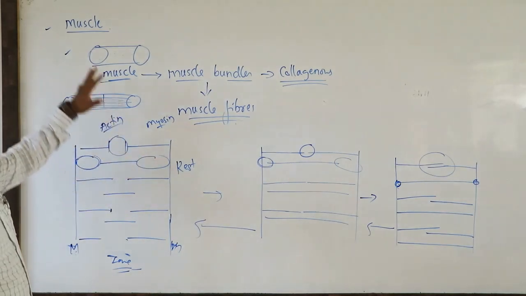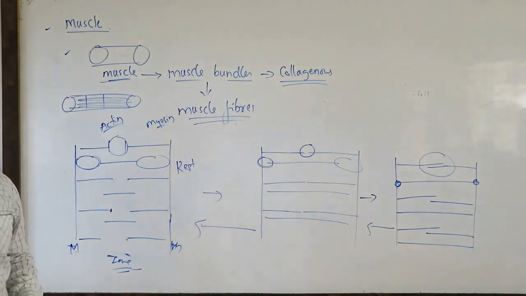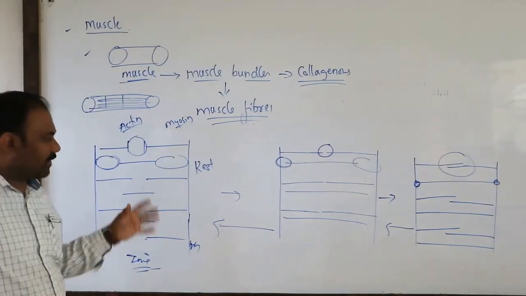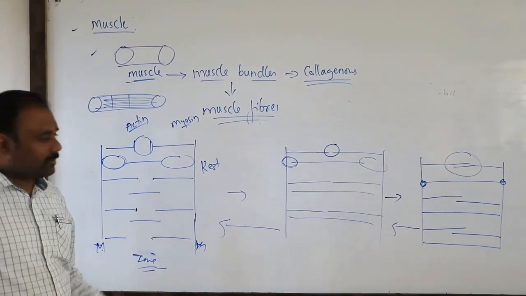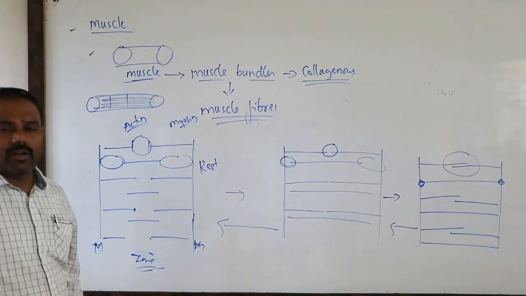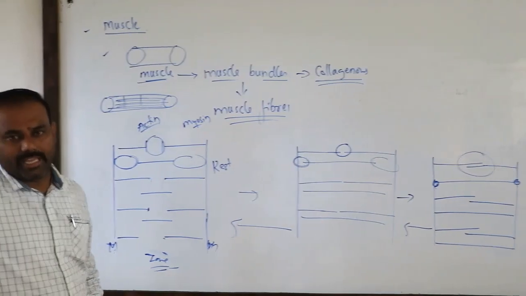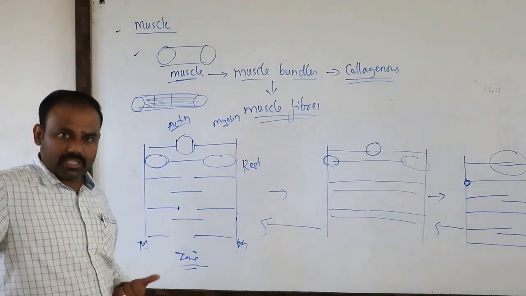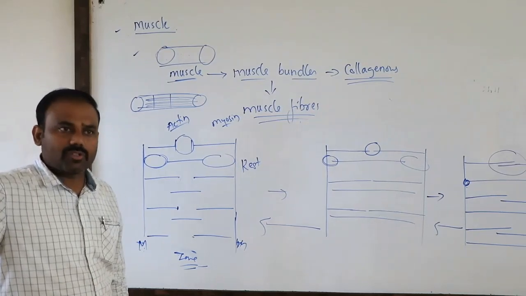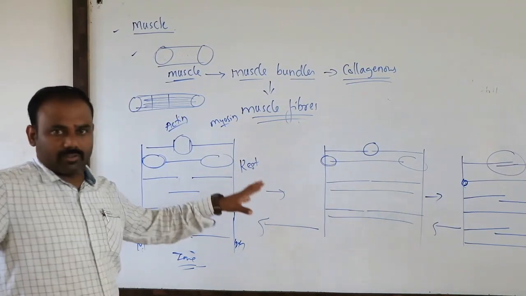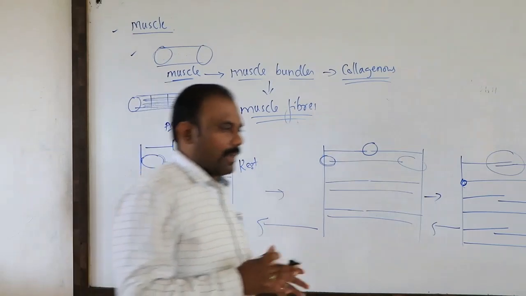So this is the arrangement of muscles within the body. Based on this, a person called H. Huxley, remember the name, a scientist, proposed a theory called the sliding filament theory.